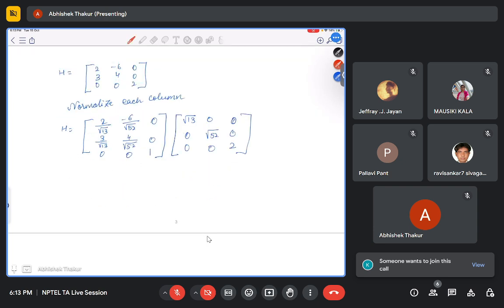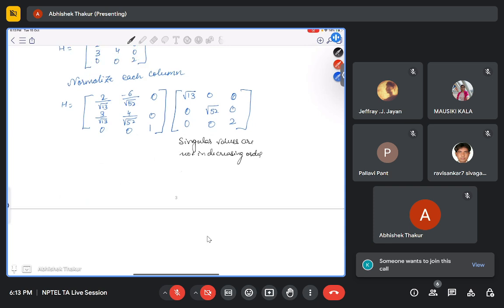Also, we have to keep in mind that singular values should be in decreasing order. Here the singular values are not in decreasing order. It should be root 52 greater than root 13, and that is greater than 2.